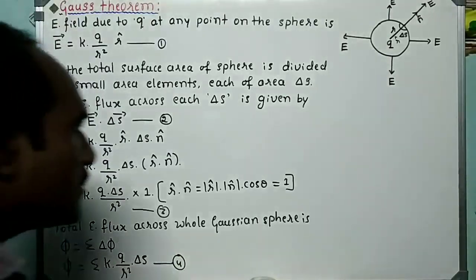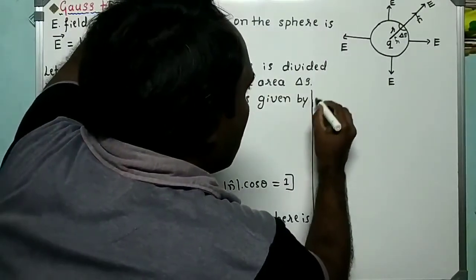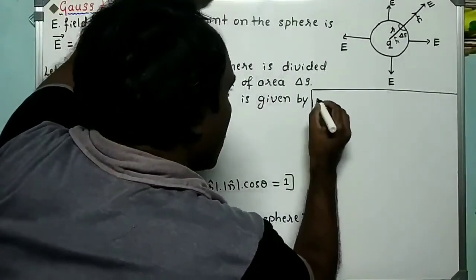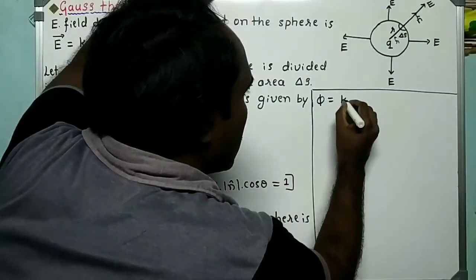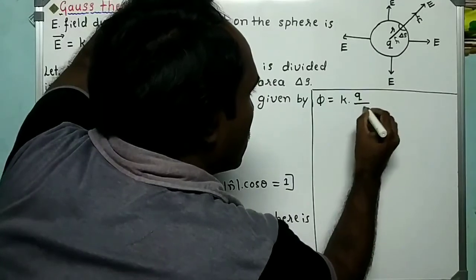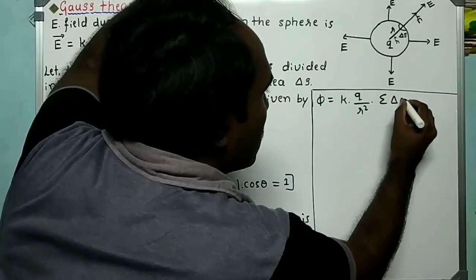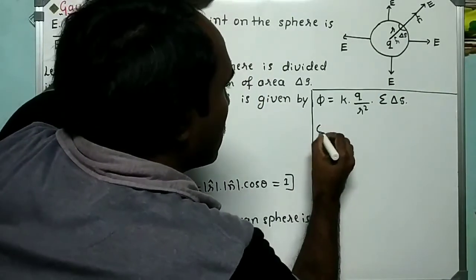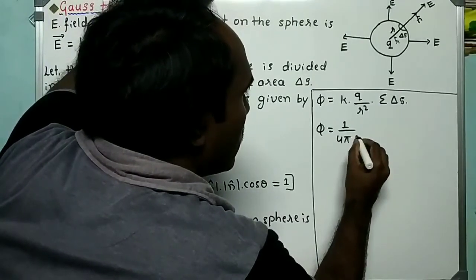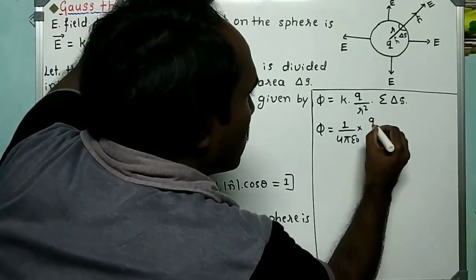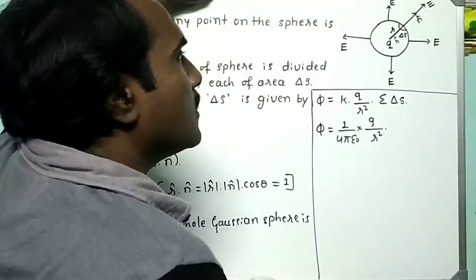Now I will write: total flux across the Gaussian sphere is equal to K into Q divided by R square into summation of delta S. Getting the idea? Phi is equal to K, whose value is 1 divided by 4 pi epsilon naught, into Q divided by R square into summation of delta S. What does summation of delta S mean?